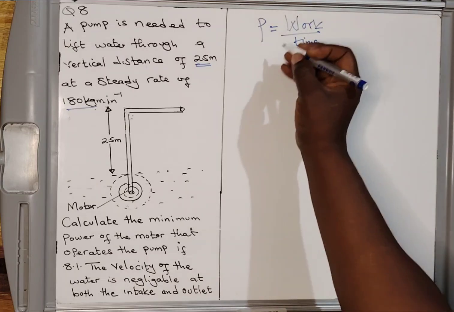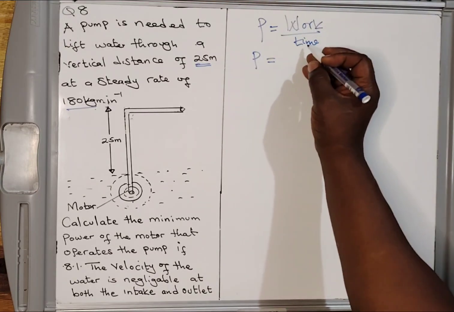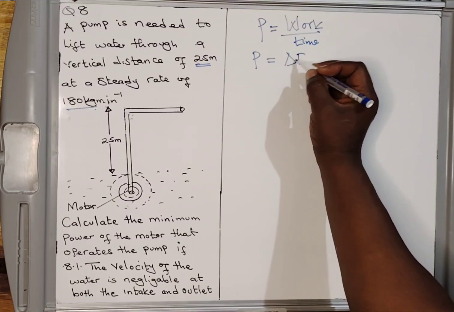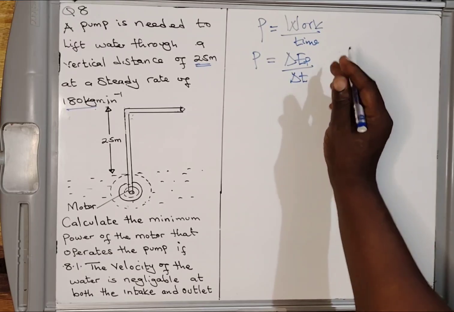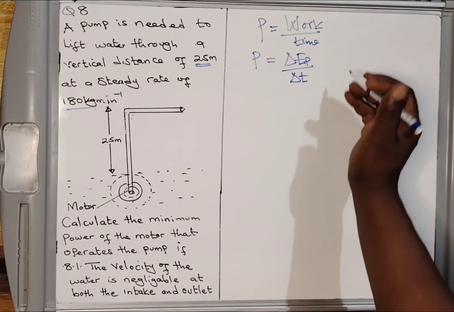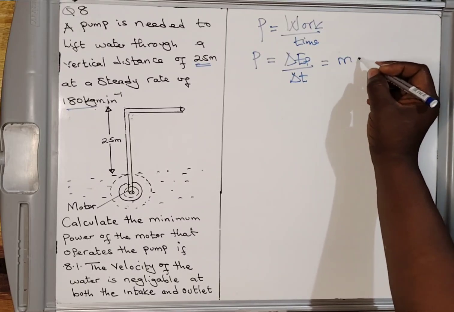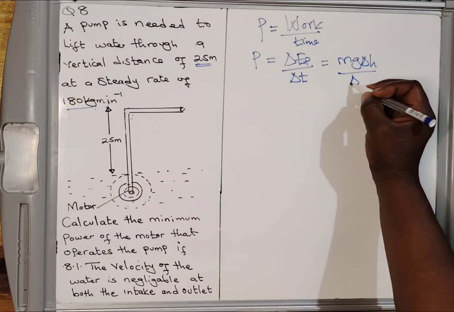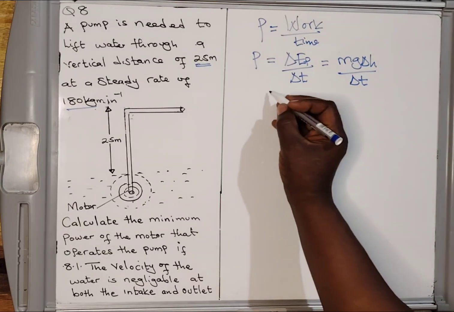So in other words, work done in this case is equal to change in potential energy. So it's going to be a change in potential energy over time, which will give you power. And what is changing in the potential energy is mg delta H, which, if you put it over time, you get power.